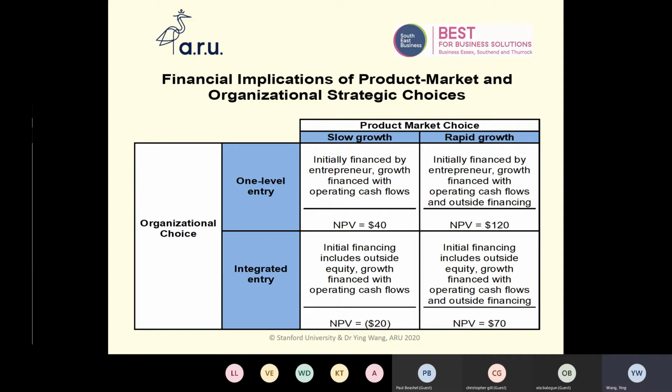Therefore, that is a smaller amount than the one level entry rapid growth. So that's a product operation and strategy level to consider an investment project, and a simple investment appraisal process behind this to help you make your decision.